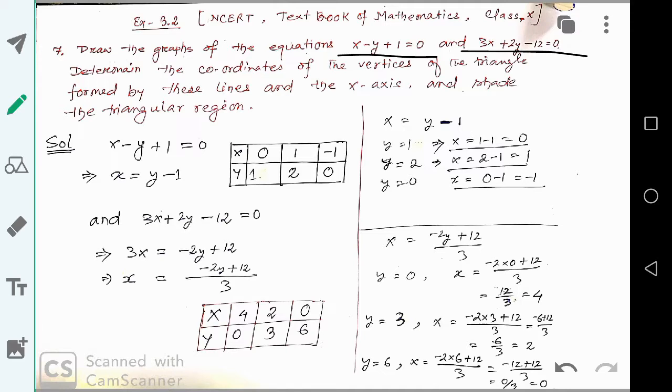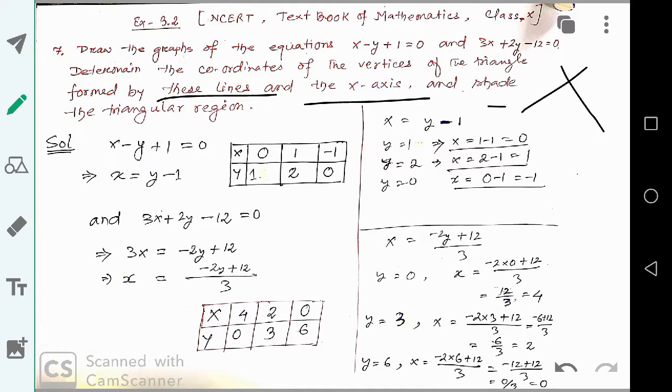Then we have to determine the coordinates of the vertices of the triangle formed by these lines and the x-axis. That means the lines representing the given equations and the x-axis. So these two lines and the x-axis will form a triangle.